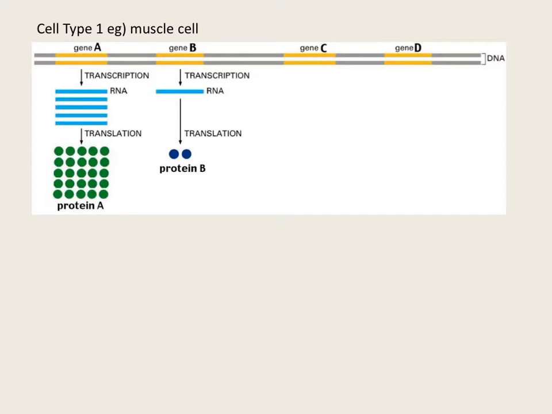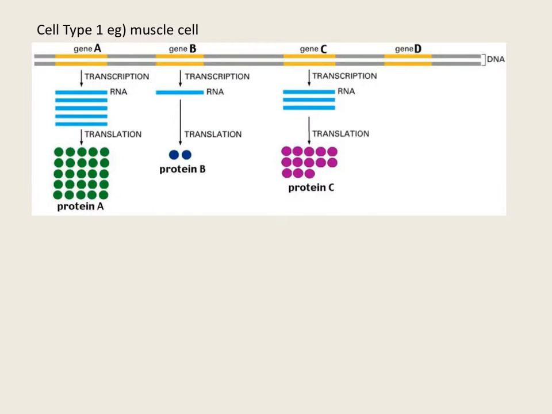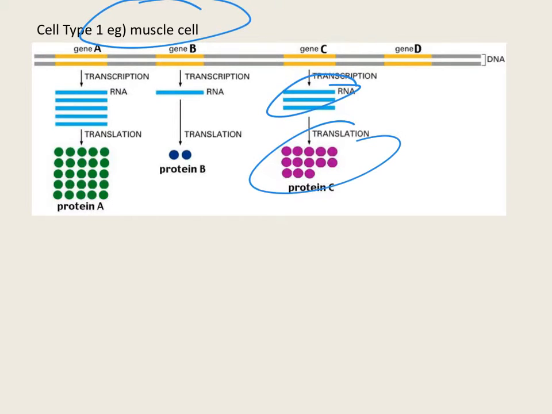Okay, so this is still muscle cell. We have transcription, not very much. So in one we have a lot of protein A, and here we just have a very little bit of protein B, from transcription to translation. This is still a muscle cell, and we've got kind of a moderate amount between the two, okay?